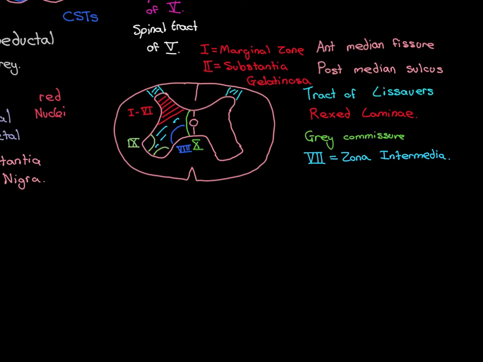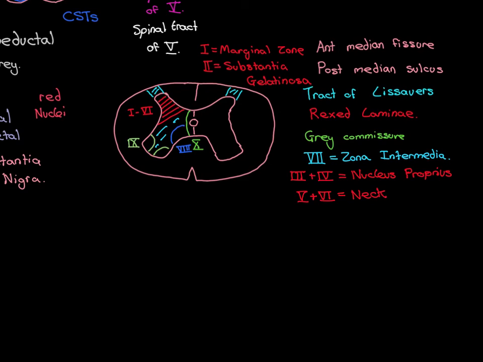And just for some more background, let's just continue on. So Rexed laminae number 3 and number 4 together are called the nucleus proprius. And finally, Rexed lamina number 5 and Rexed lamina number 6 together are called the neck of the dorsal horn.